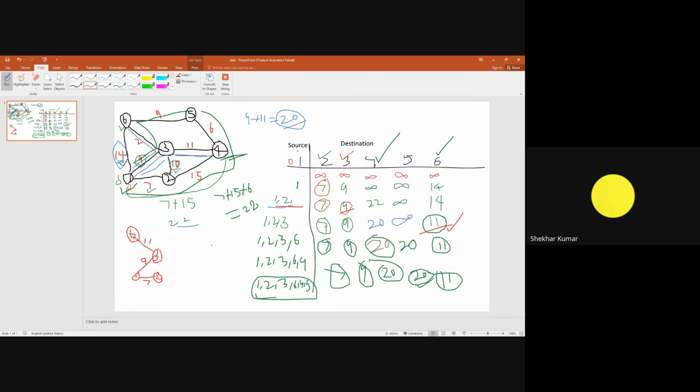Next, after 6, I have visited 4 with the cost of 20, 11 plus 9, with the cost of 20. I have visited 4 also, and with the cost of 20, I have visited 5 also.